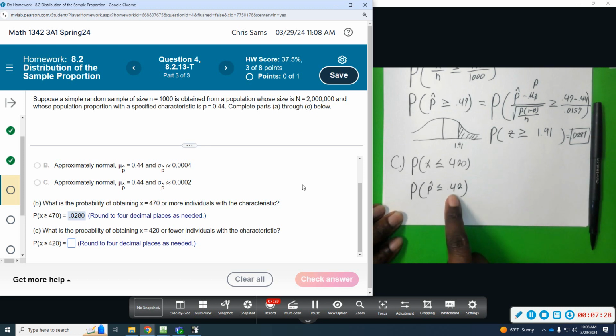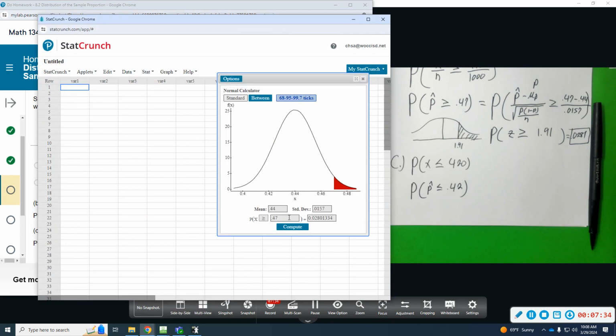And so I'm just going to use the same thing and let StatCrunch compute with 0.42. This time we want less than or equal to 0.42. Mean and standard deviation are still the same, and we get 0.1014 when rounded. 0.1014.